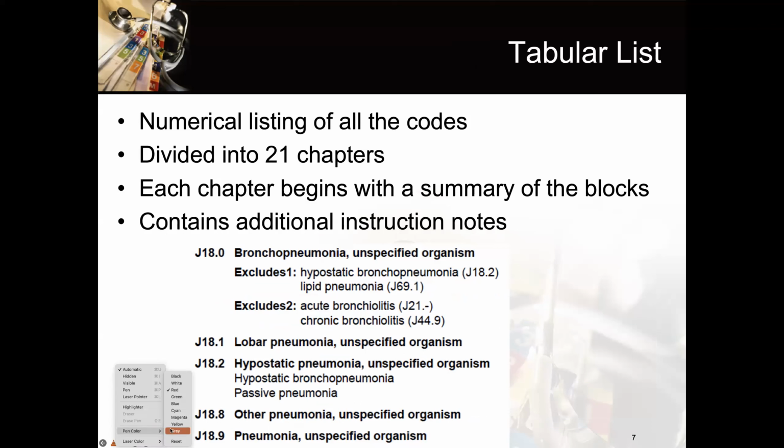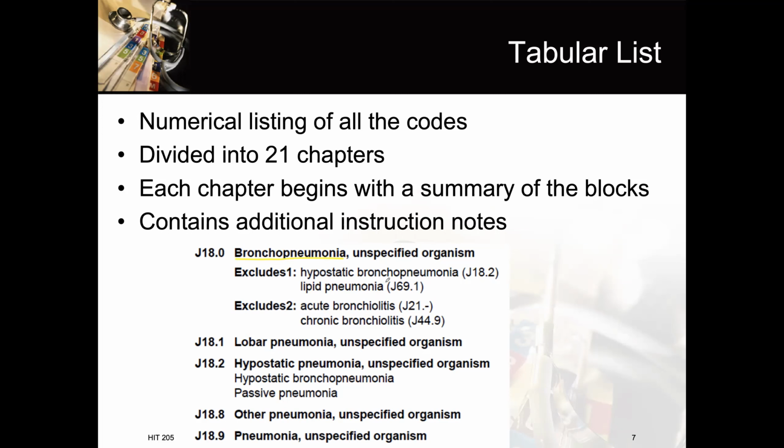I don't know if this is going to show up, but our main term, bold, right? And this picture here on the screen is actually what we're seeing in the tabular list now. We consulted the alphabetic index hypothetically, because we haven't walked through any scenarios yet, and it referenced the tabular, the first few characters of the code.